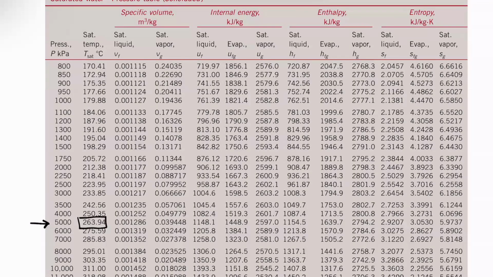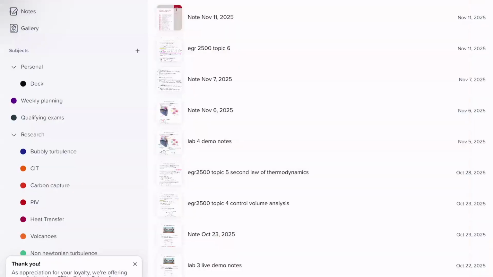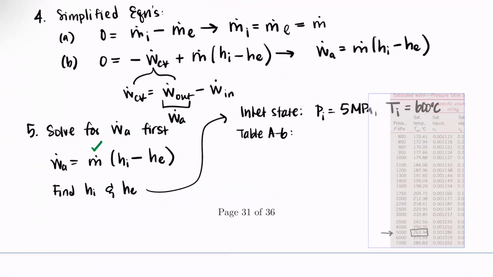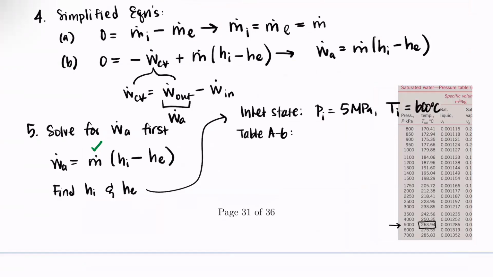It's a superheated vapor. Okay, great. So T_sat at P_i is 263.94 degrees C, so this is a superheated vapor.